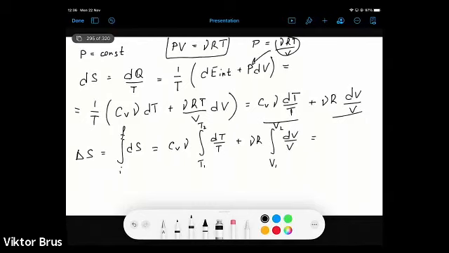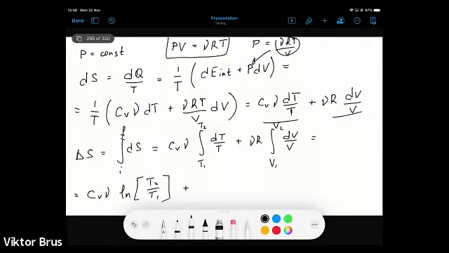If you recall this table of integrals, the integral of dx over x is natural logarithm of x, and that's why these integrals will be equal to CV times nu, these are constants, times natural logarithm of T2 divided by T1.